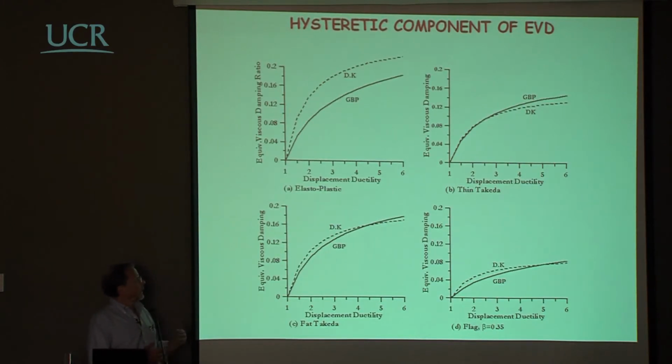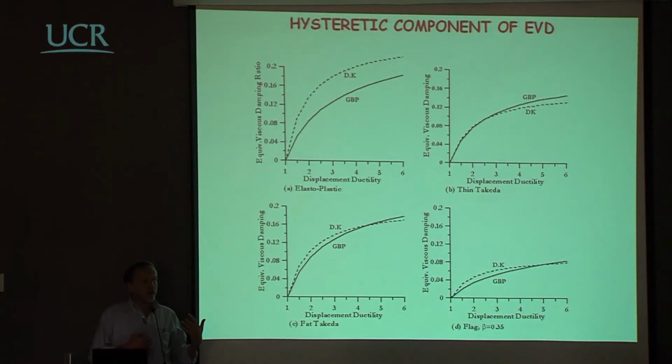And you can see that if you increase the displacement ductility to a certain level, there is a tendency for these curves to become flatter. And therefore, this implies that when you are going to larger displacement ductility, you are making smaller mistakes in the evaluation of the equivalent viscous damping if you are making some mistake on ductility, because the curves are getting flatter.